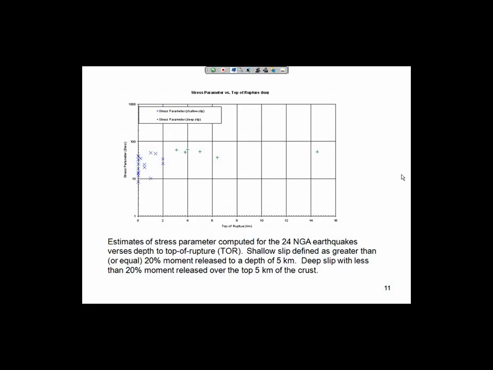Now, that may have been because they had fewer magnitude 7.5s, but at least looking at the data, it indicated that maybe there was less scatter at the higher values. But the range of stress drops was all over the board. In other words, everything between 1 bar and in some cases 1,000, but certainly at the magnitude 5.5s.